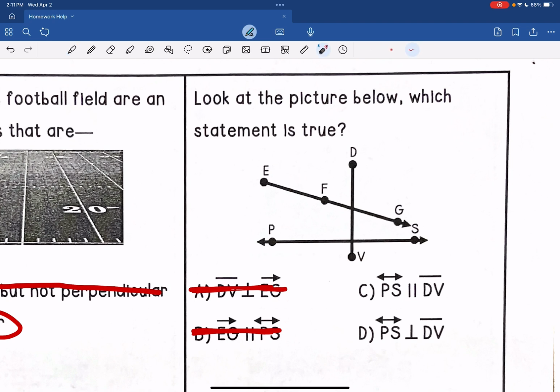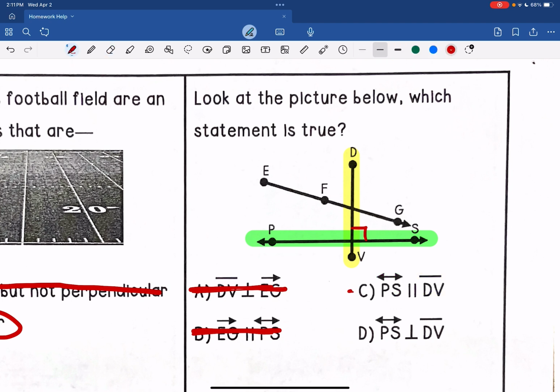All right, so now we're going to look at C. For C, we have line PS, and it says that line PS is parallel to line segment DV. Well, we can see right here that they're forming a nice little cross there. They're intersecting each other, and they are forming right angles. So these are intersecting lines. So C is also trash.